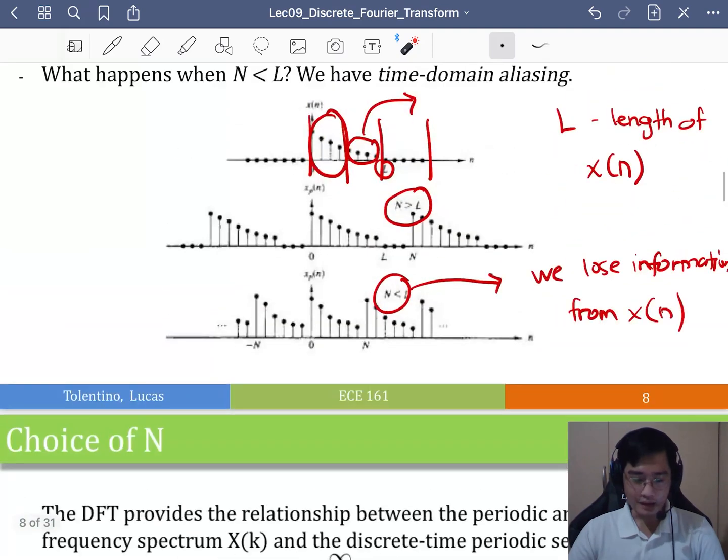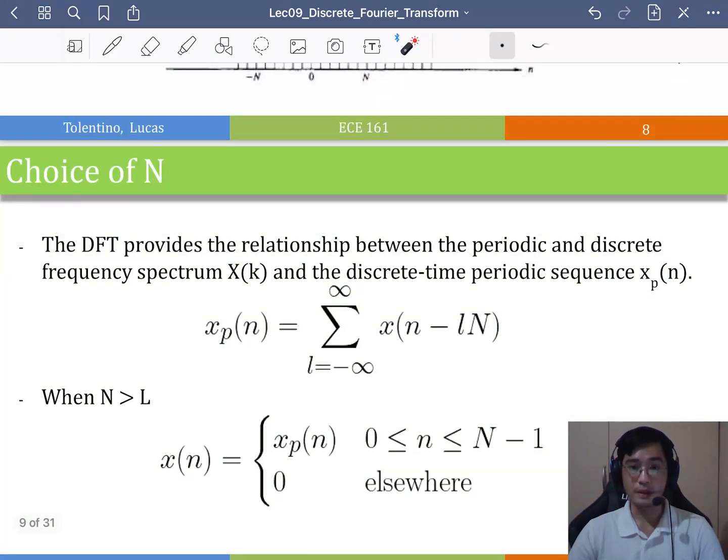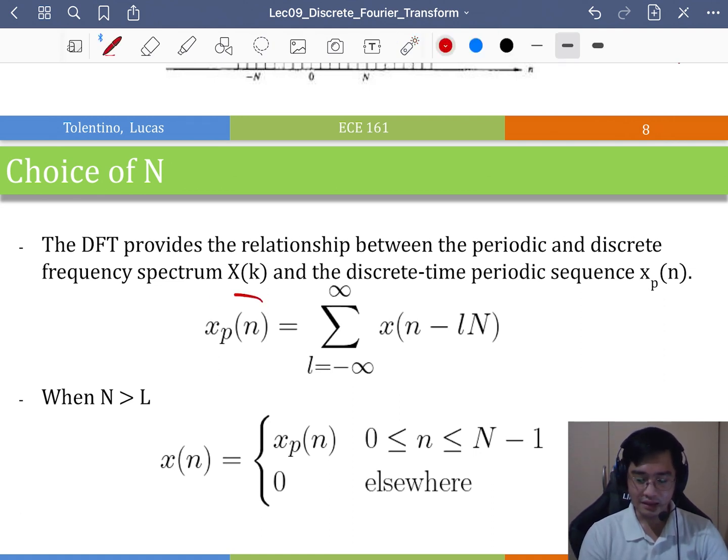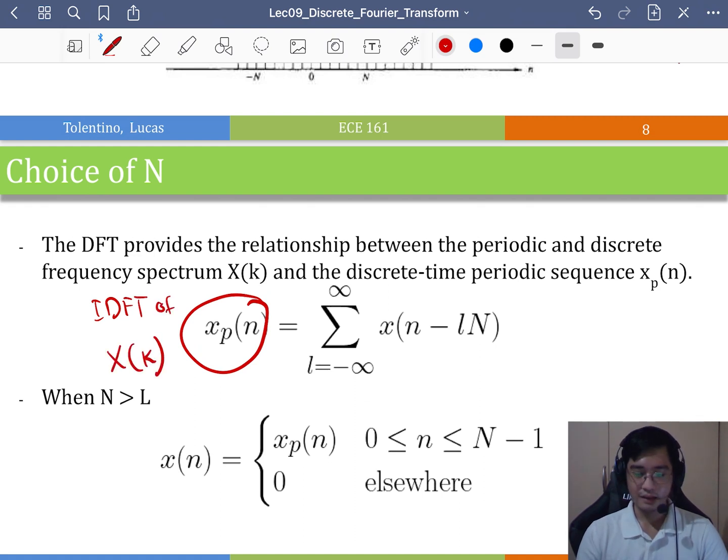So now, the DFT provides the relationship between the periodic and discrete frequency spectrum. Basically, x sub p of n is the inverse DFT of X of k. In general, it is equal to the original time domain function, where we sum all of the shifted versions of that time domain signal.